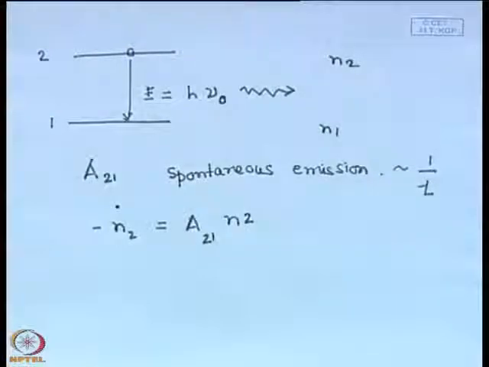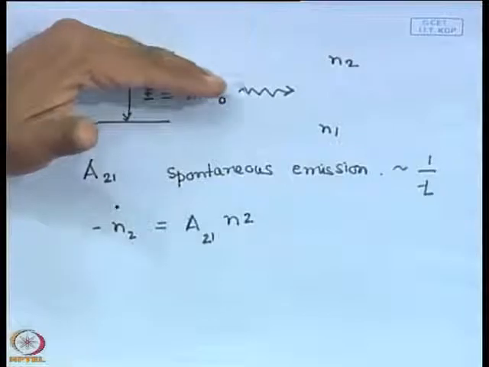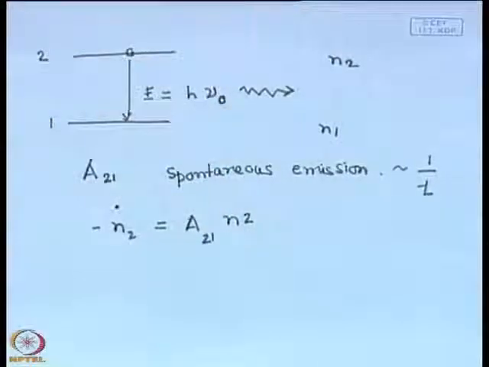So this is the first process that could occur, that is spontaneous emission of radiation by de-excitation from the excited state to the ground state.